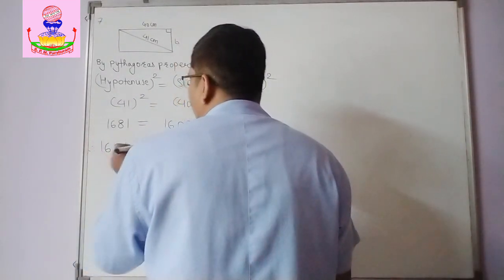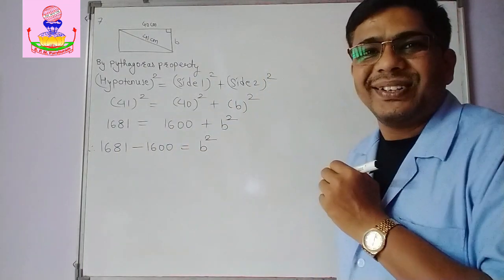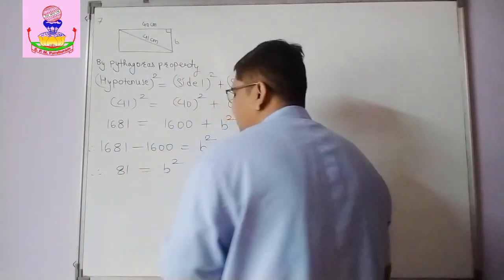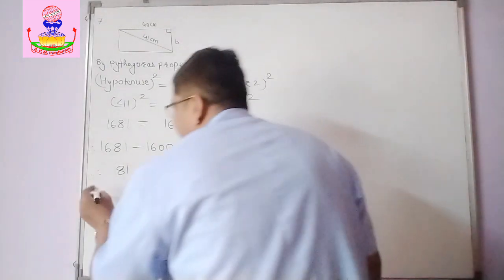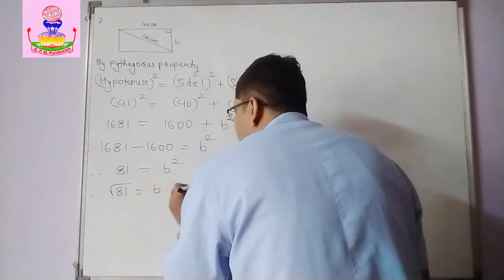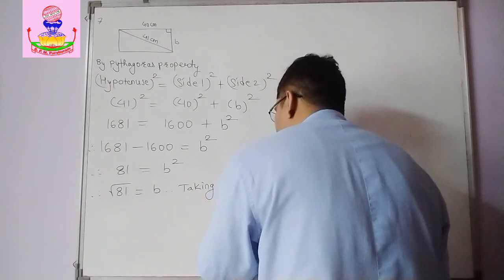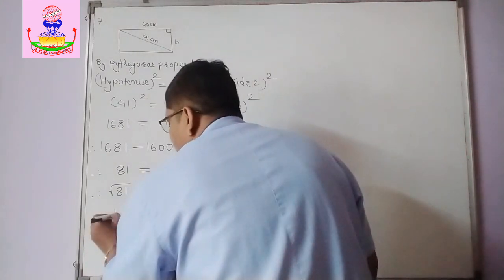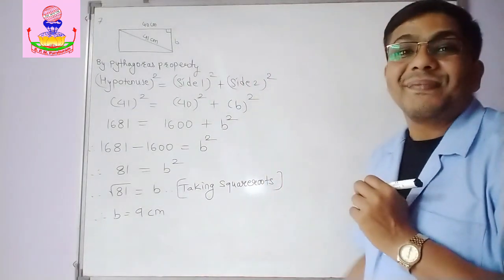So 1681 minus 1600, that is equal to B square. So what is the subtraction? Yes, 81, that is equal to B square. Now I want to find value of B. Opposite of squares? Square roots. Right? So square root of 81 is equivalent to B. What you did? Taking square roots from both sides. Okay. So therefore B is equal to 9 centimeters.